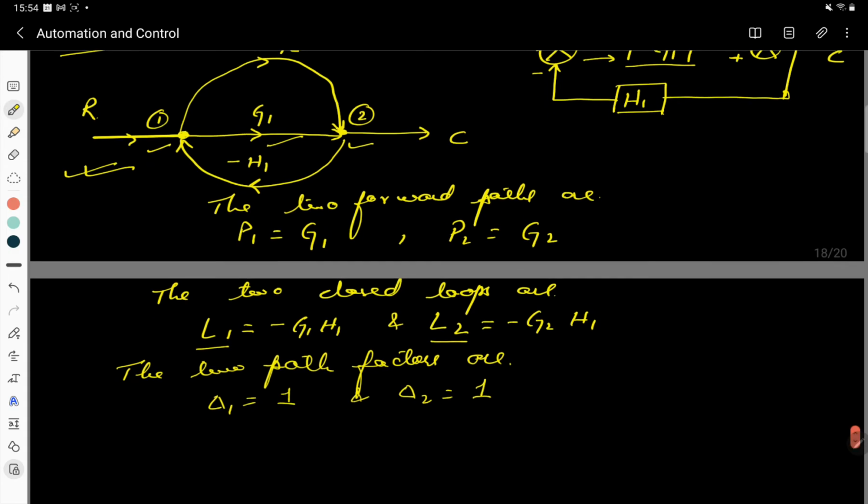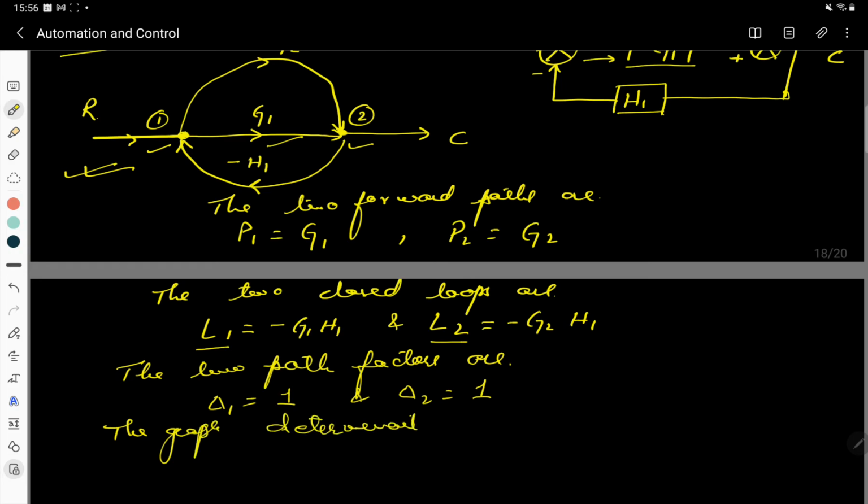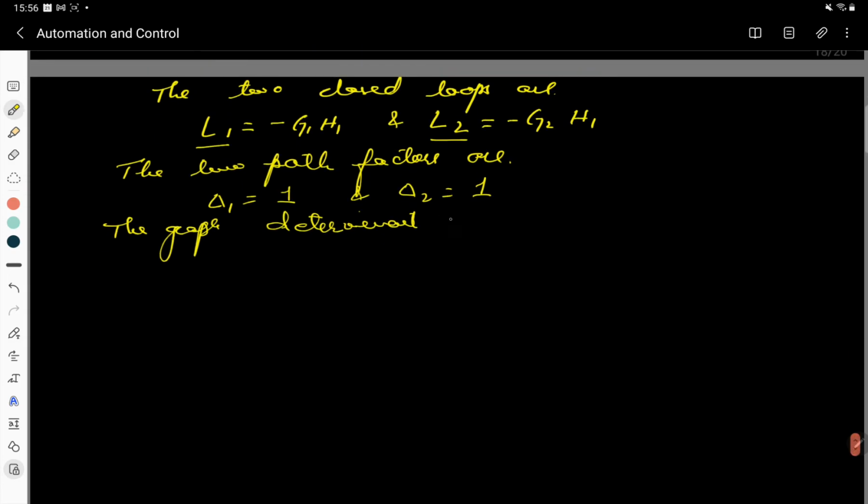So the graph determinant delta is simply equal to 1 minus, as we have already said, the sum of all individual loop transmittances.